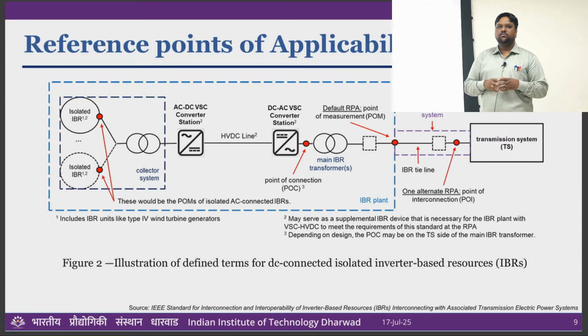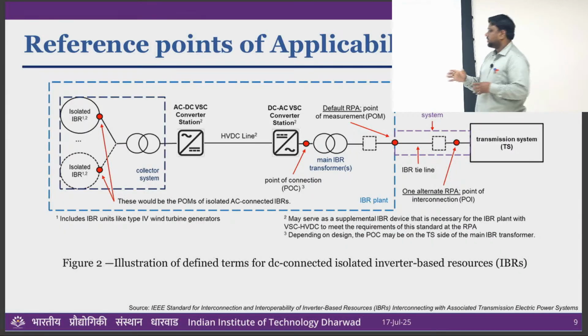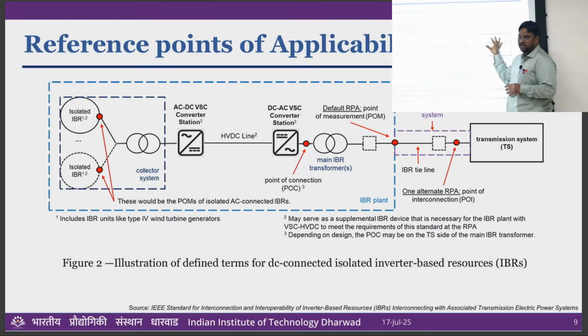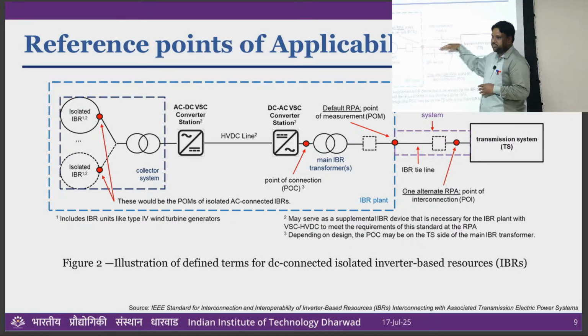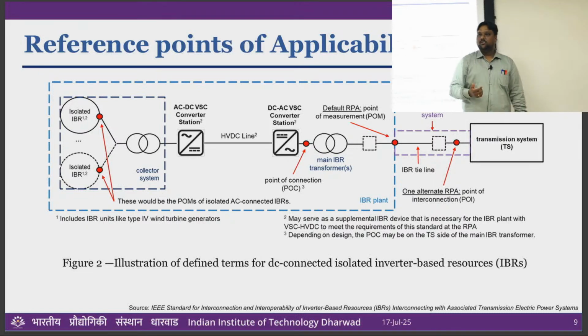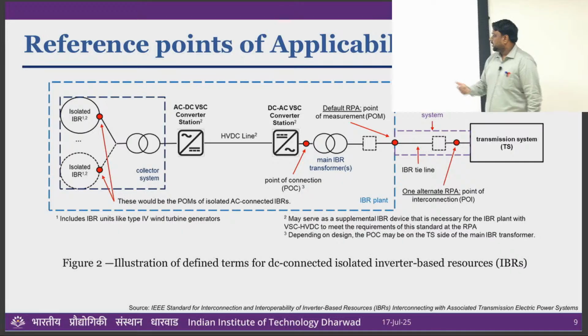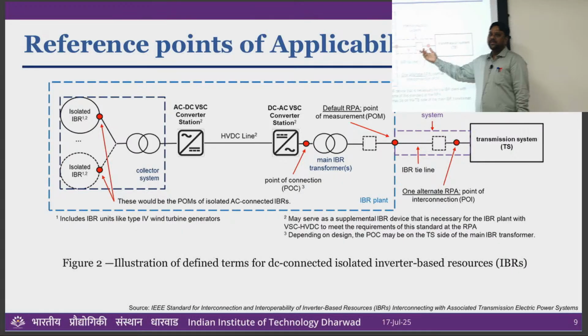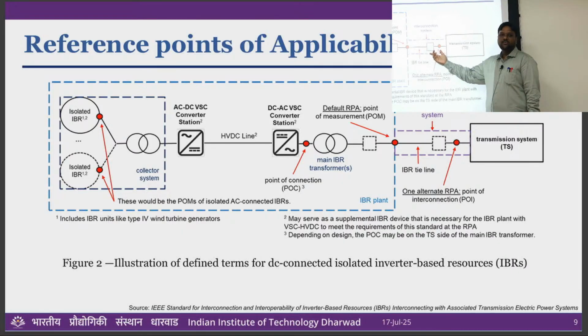Someone is asking how to calculate short circuit ratio, right? For grid short circuit ratio, this is your grid, and it depends on how much line you face before you connect to the grid. That line impedance plays a critical role in deciding whether it is a weak grid or a strong grid. Okay. If you have a weak grid, the impedance is very high, which means the electrical distance is very high, right?